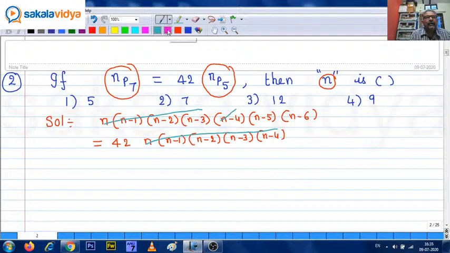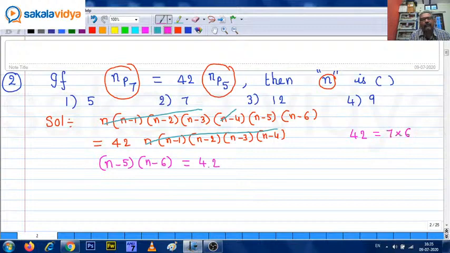So now we have, very interesting, (n minus 5) into (n minus 6) equals 42. Here 42 can be factorized as a product of two consecutive numbers, 7 and 6.